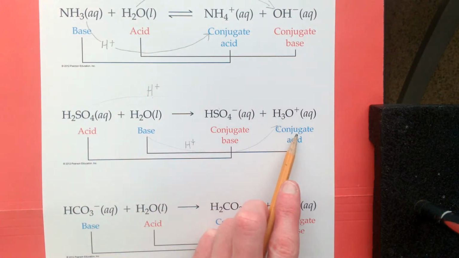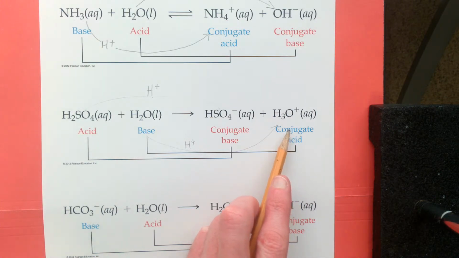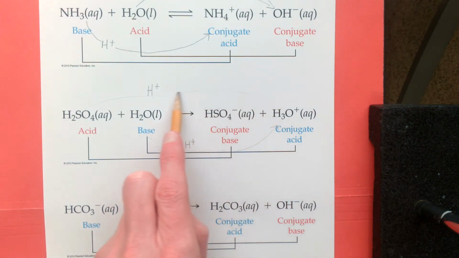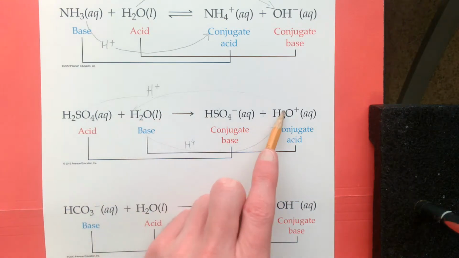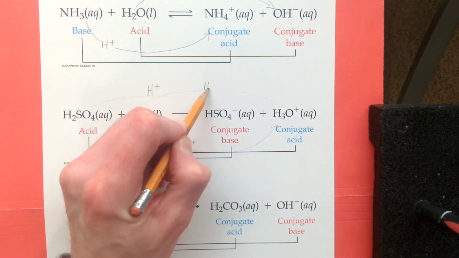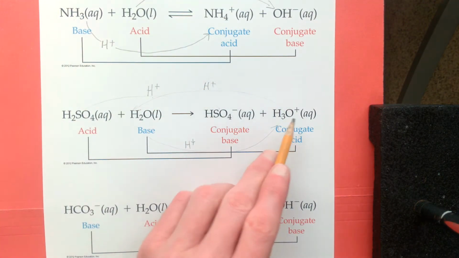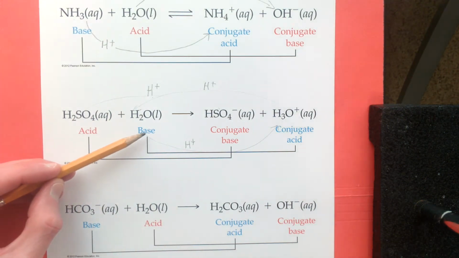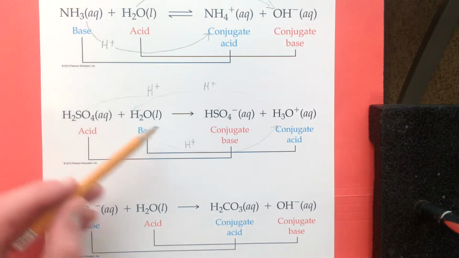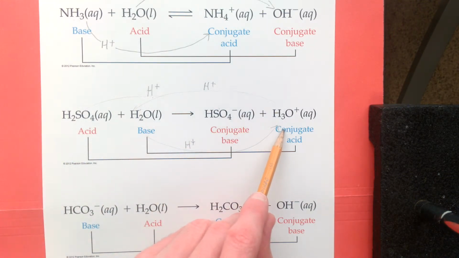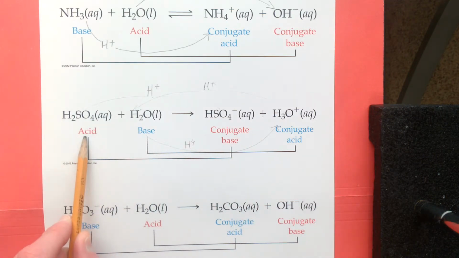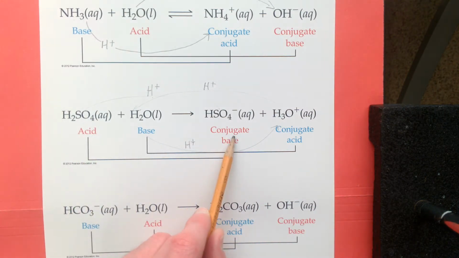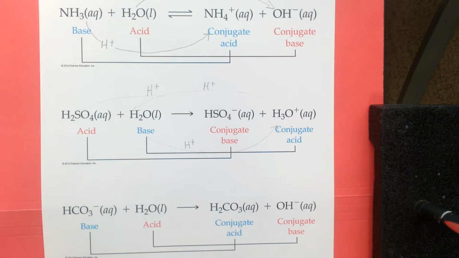Now this conjugate acid, this new species that's made, if it were to reverse itself and come back to its original species, it would donate that H plus, and that would be the property of an acid. So a base reacts, and its new species is a conjugate acid. An acid reacts, and its new species is a conjugate base. And we see that in all three of these examples.